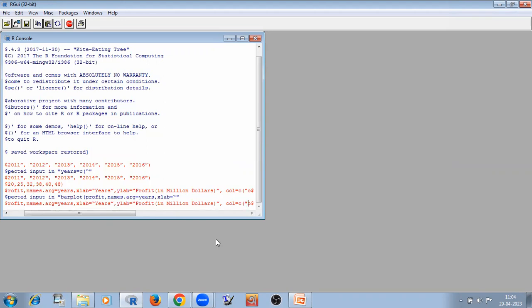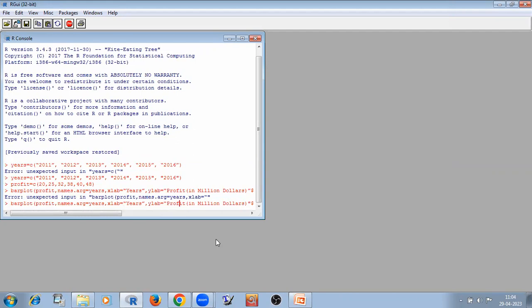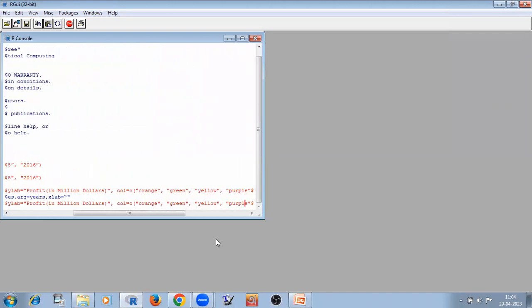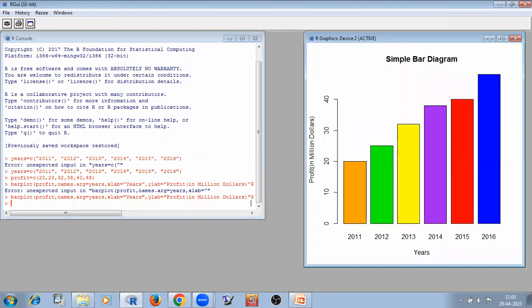It's okay. And then for this also the dollar sign. Yes, it is okay. So now just hit enter, take the cursor here, then enter, so it will come.